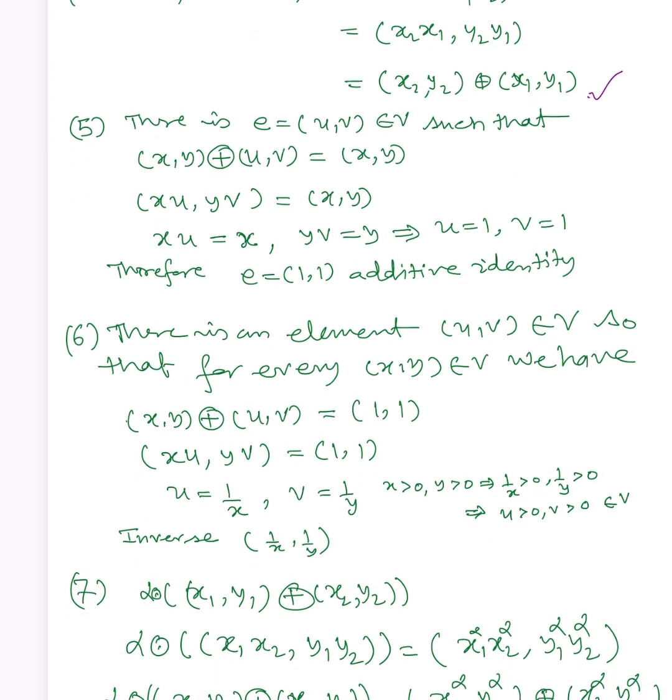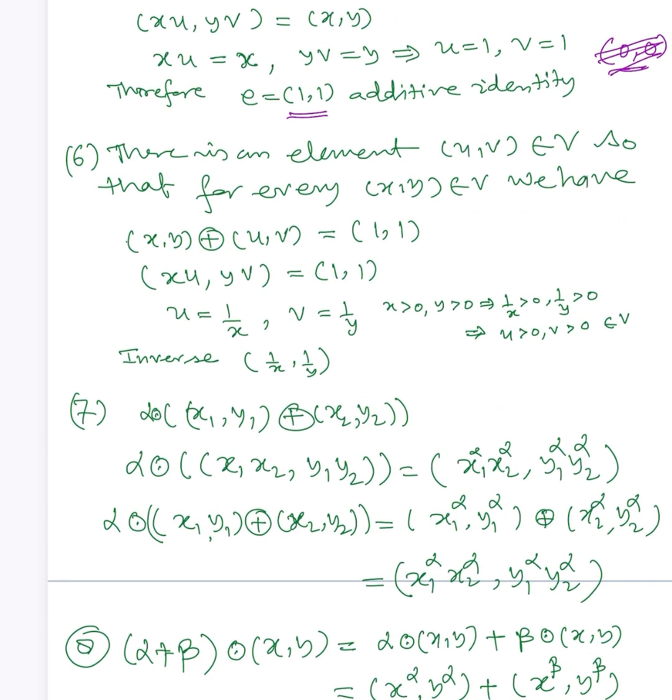Identity: I'm going to find the identity such that adding it gives the same element. If you solve, you are going to get (1, 1). So (1, 1) is the identity, which is not the identity of R2, (0, 0). Generally in R2 the usual additive identity is (0, 0), but since we have defined addition in an unusual way, we are getting a different identity. So (1, 1) is the identity, right?